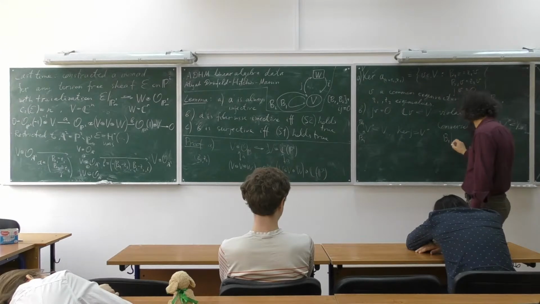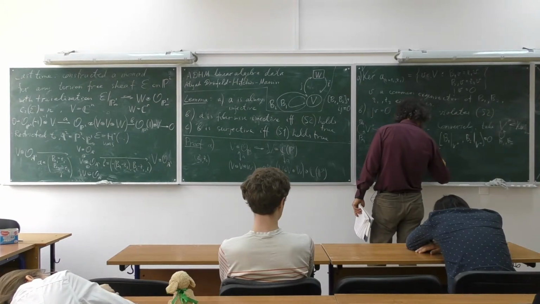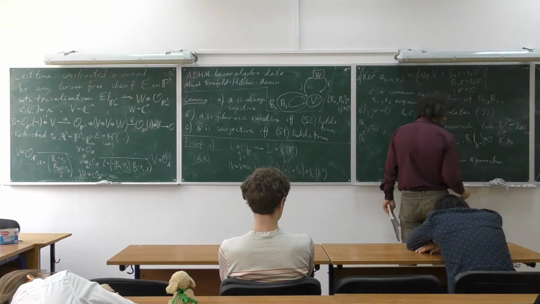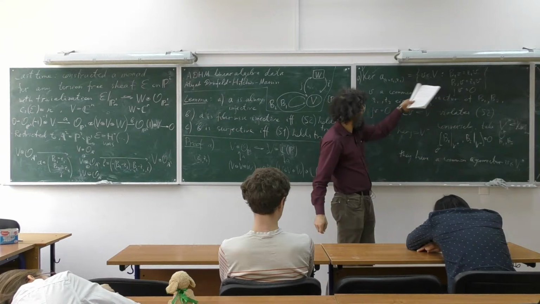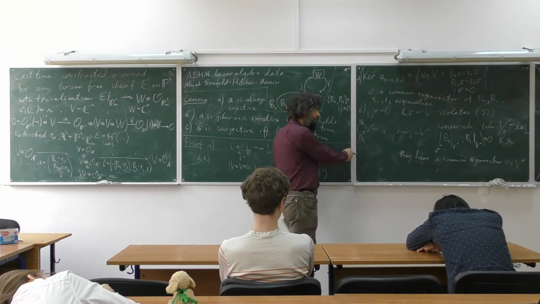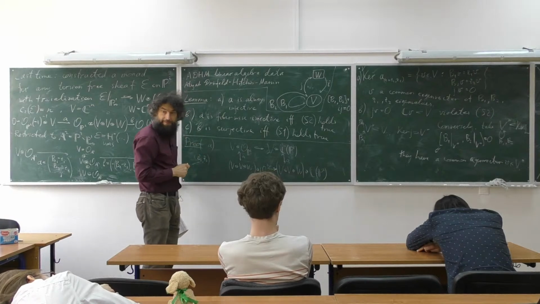So B1 restricted to V second and B2 restricted to V second commute, and hence they have a common eigenvector V, and so there is a kernel. Okay, so these two conditions are indeed equivalent. So we proved B.